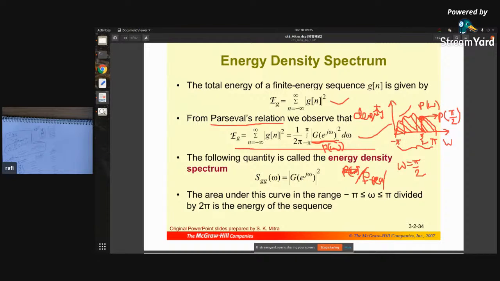With respect to frequency, what is the distribution of p of omega, or mod g of omega square? We call it a density, similar to your probability density function.